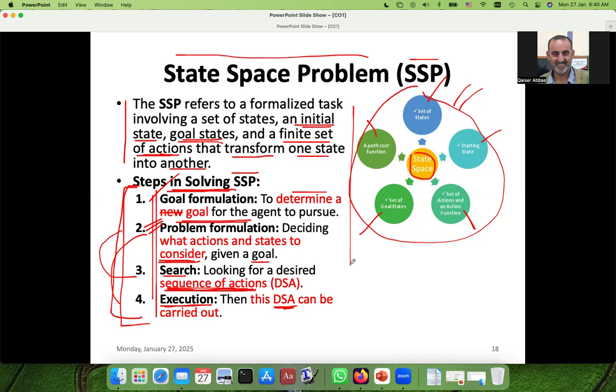But if I give you a problem and ask you to define this problem, or give me the problem definition for this problem, then what you have to do? I already said to you that identifying these 5 things about any problem is called problem definition.